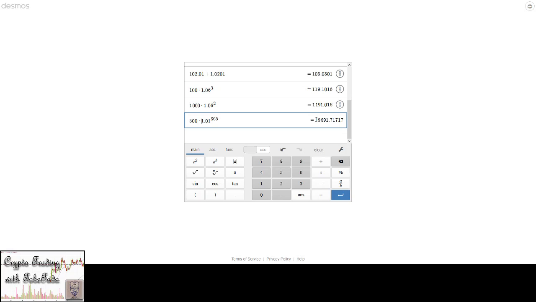And at the end of that year, you'd have $18,892 from the $500. So that's quite a significant return. And that is basically the power of compound interest.